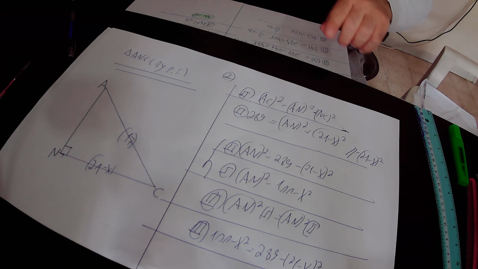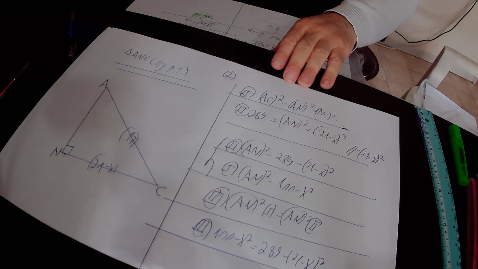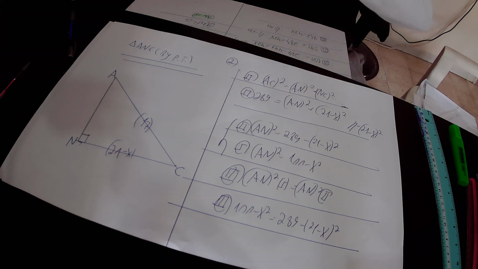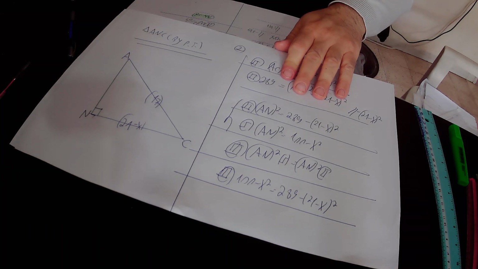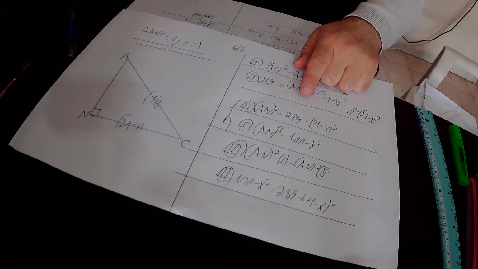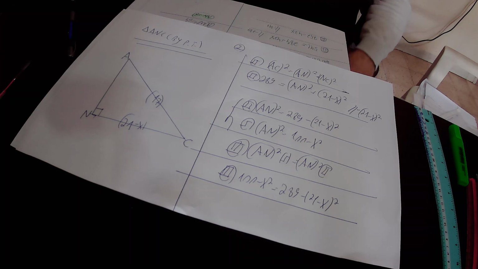So here we subtracted (21 minus x) squared from this equation, equation 2, and I found out that AN squared equals 289 minus (21 minus x) squared. This is according to equation 2, while according to equation 1, we already found out that AN squared equals 100 minus x squared. So we have two different expressions for the value of AN squared.